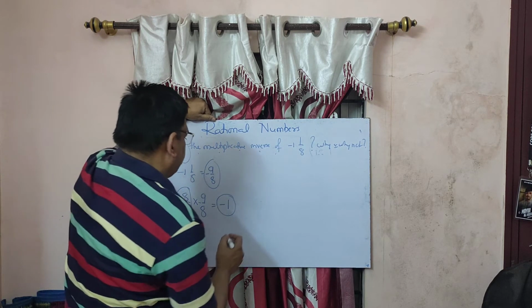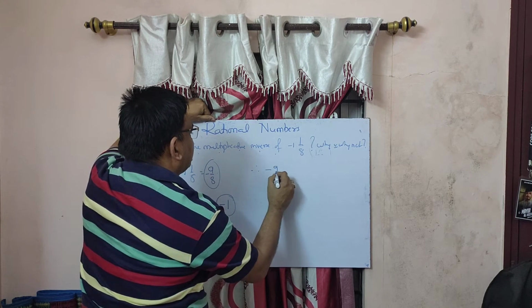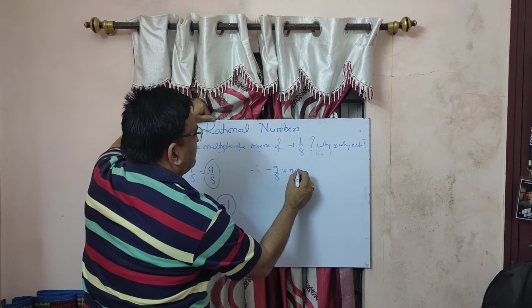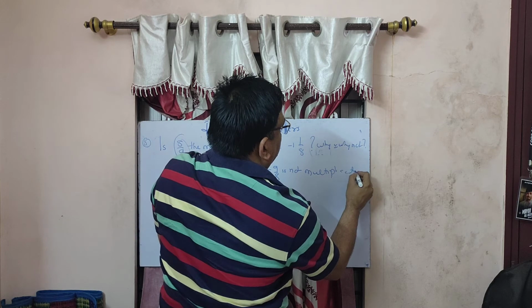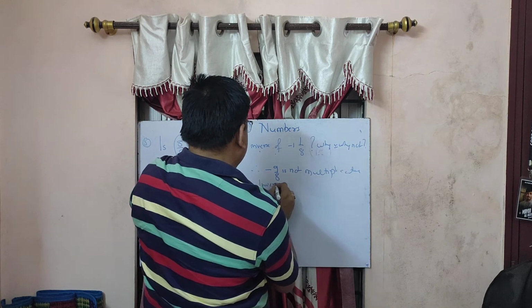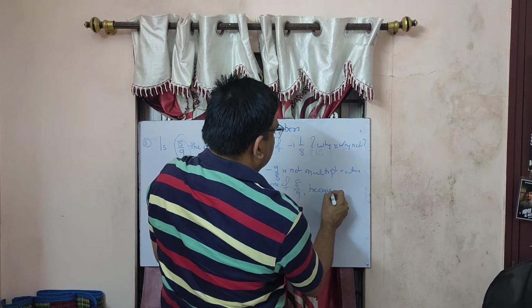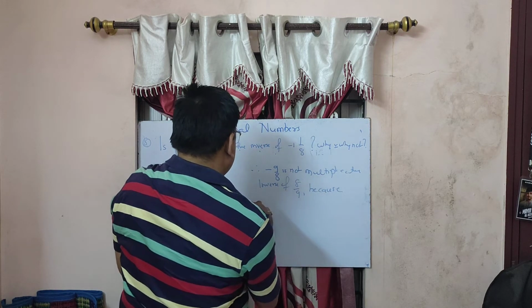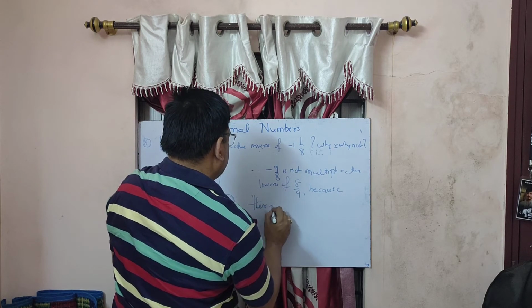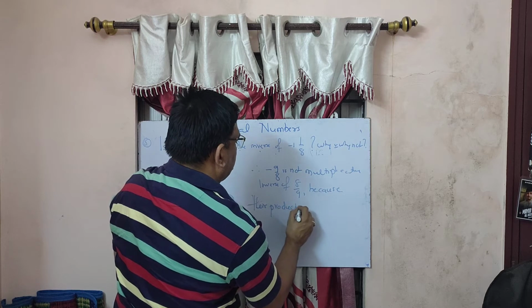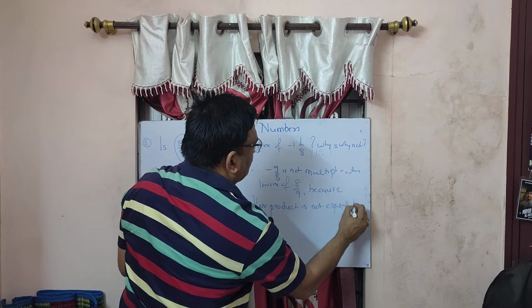Therefore you can say minus 9 upon 8 is not the multiplicative inverse of 8 upon 9, because their product is not equal to 1.